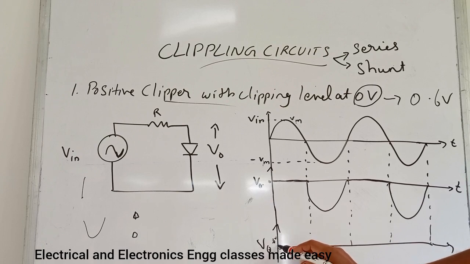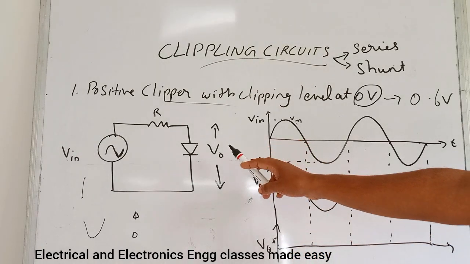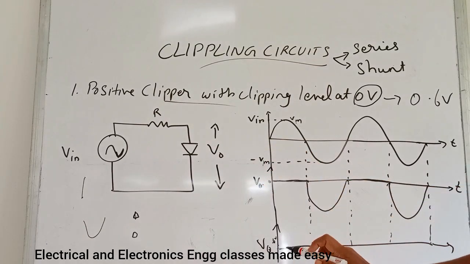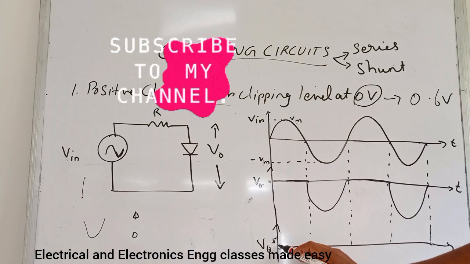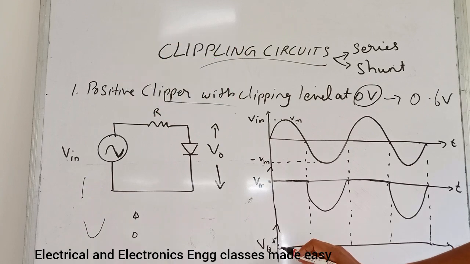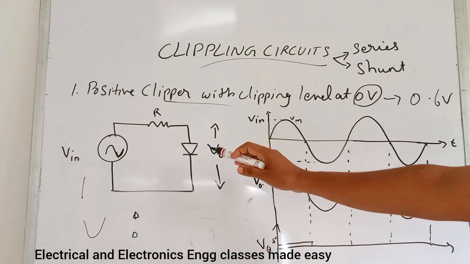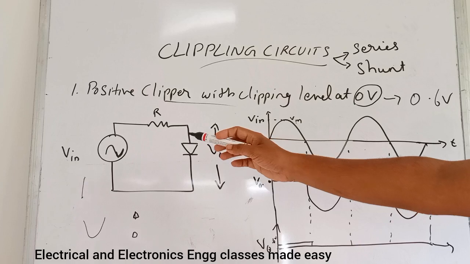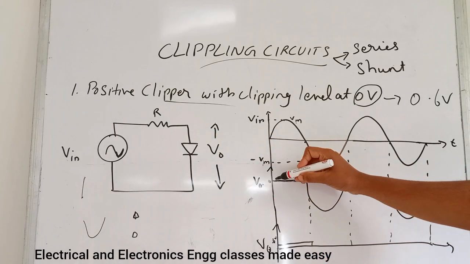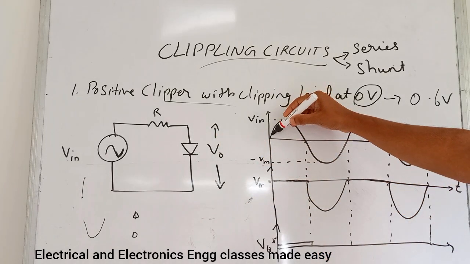Then up to the 0.6 volt, the diode will not conduct. So it will be like this.